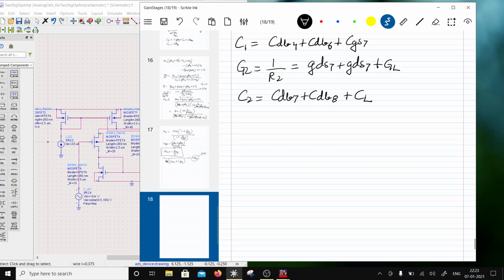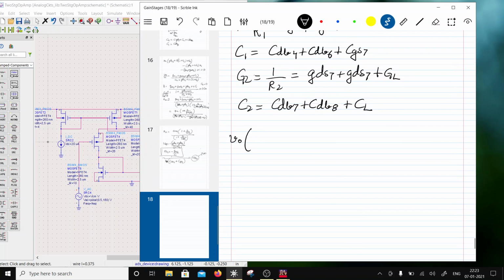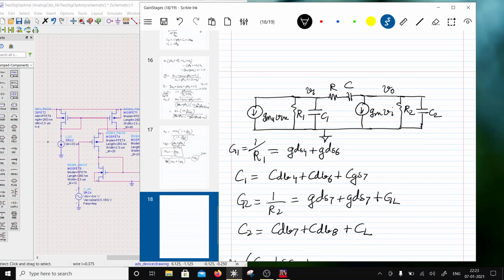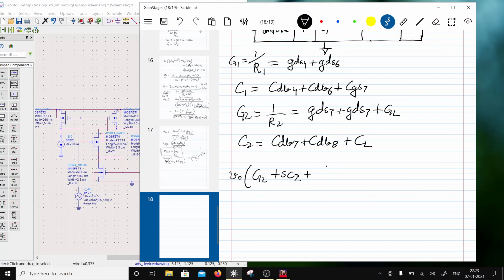So let's write an equation at the output node. VO and whatever is connected to it, which is G2 plus SC2 plus the conductance here. The conductance here is going to be 1 over R plus 1 over SC.